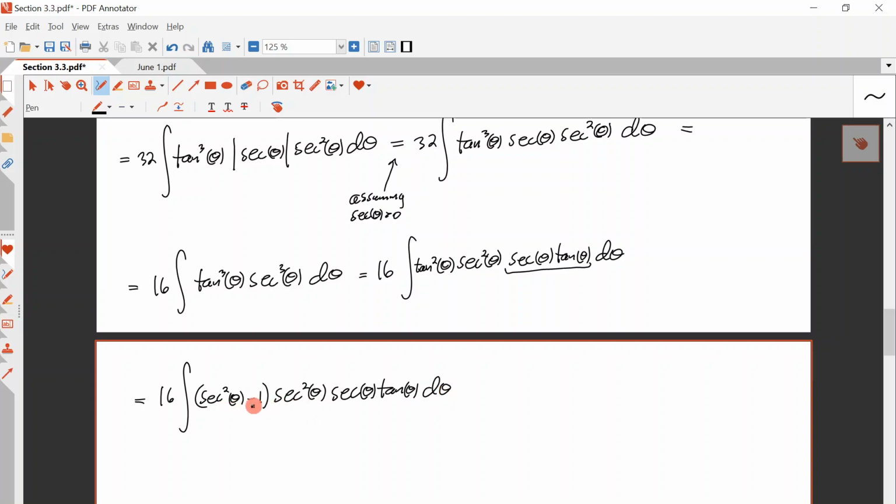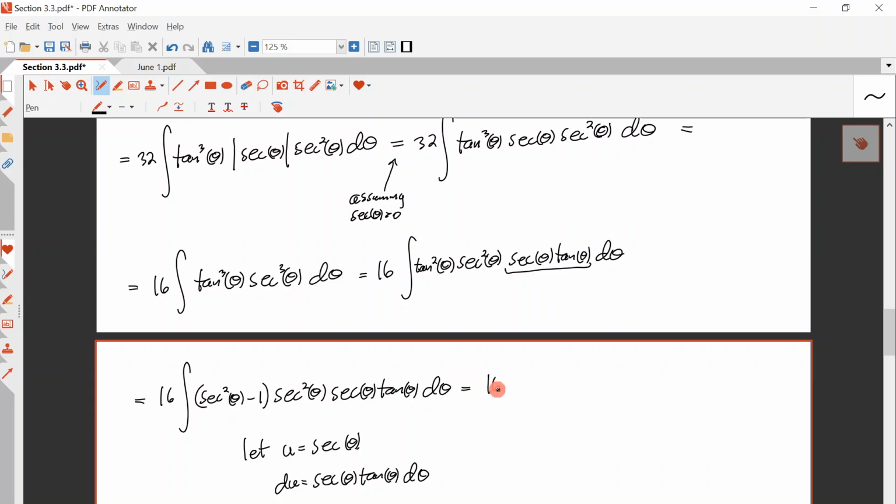Okay, so now everything here is in terms of secant, and this is the derivative of secant. So we're going to make our second substitution, let u equal secant theta. So du is secant theta tangent theta d theta.